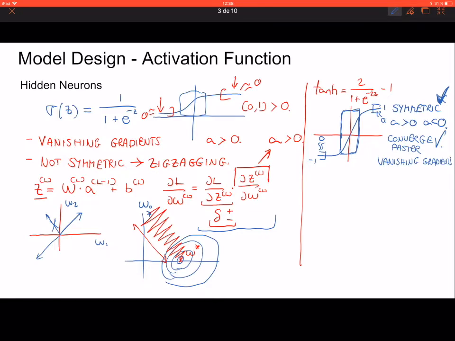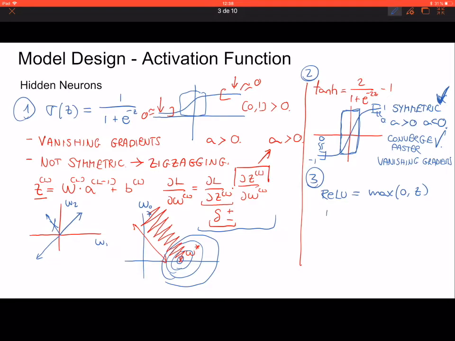So there's a third common activation function. That was our first choice, this is the second choice, and this might be the third choice, which is called the ReLU. This stands for rectified linear unit, and it can be written as the max of 0 and z.